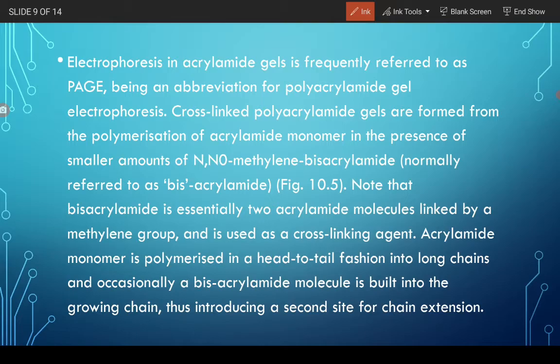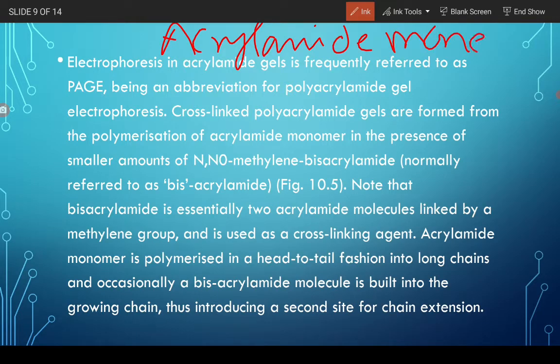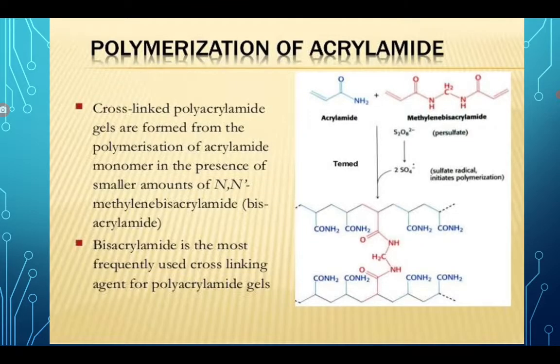Acrylamide monomers bind together to form a polyacrylamide gel-like cross-linked polymer. But for that we need acrylamide monomers and N,N-methylene bisacrylamide. That's all. So let's see that in the next slide.